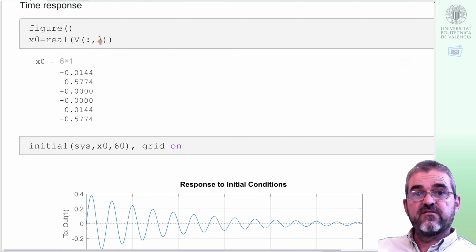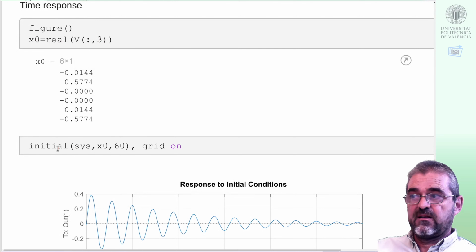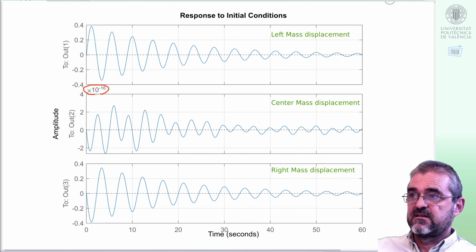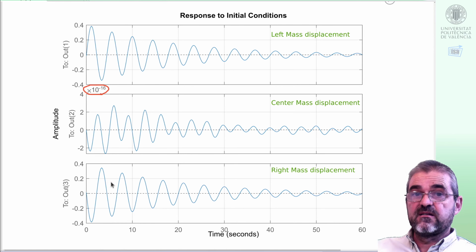Putting the third eigenvector real part as initial condition and simulating with the initial command, indeed we see that the central mass is not moving, see this 10 to the minus 16, and the left and right masses move with 180 degrees of phase shift.